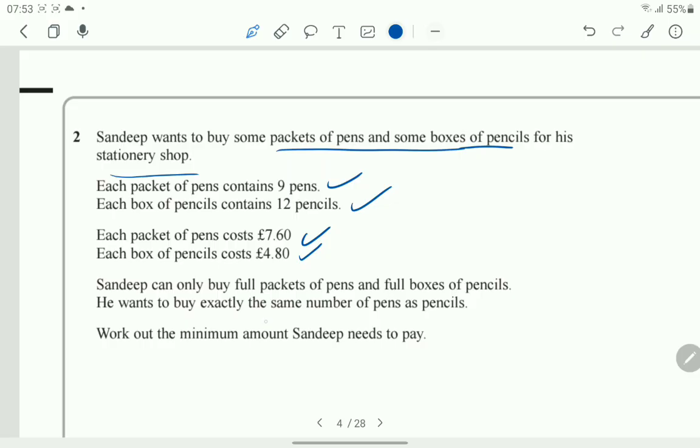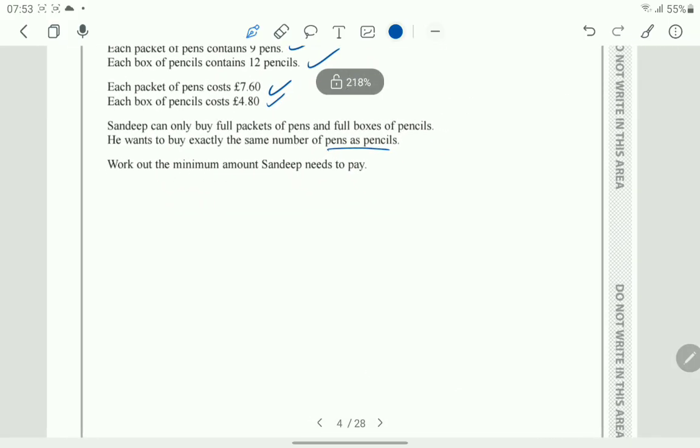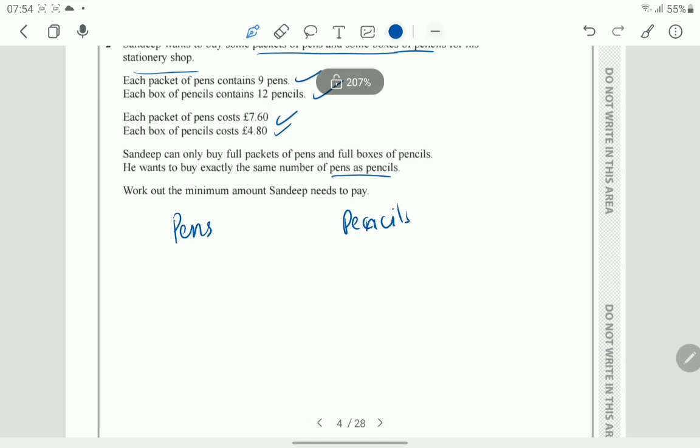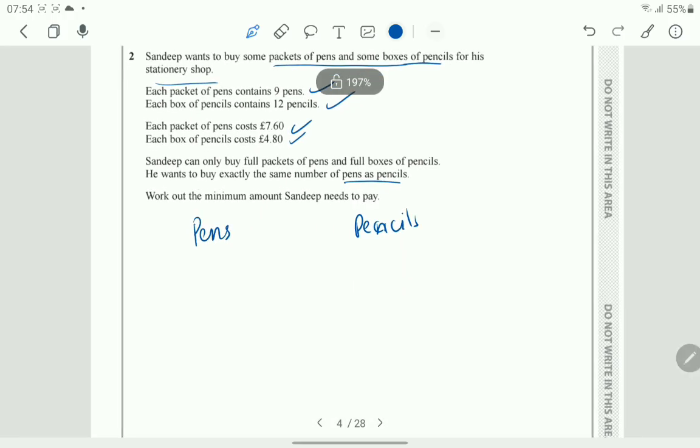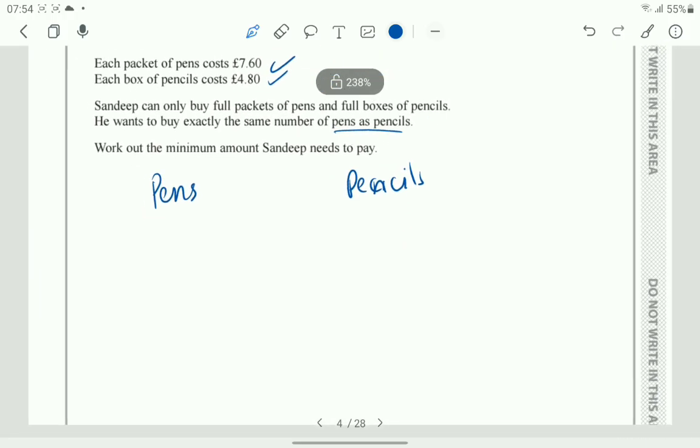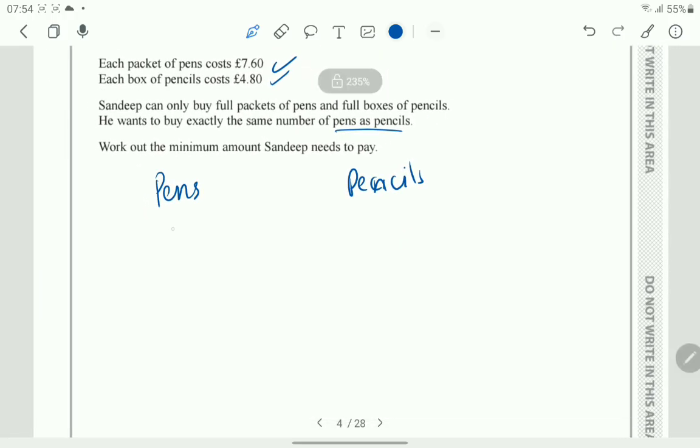He wants to buy exactly the same number of pens as pencils. So we have pens and we have pencils, and he can only buy the pens in sets of 9 because he can only buy full packets, and he can only buy pencils in sets of 12 because he can only buy full boxes.